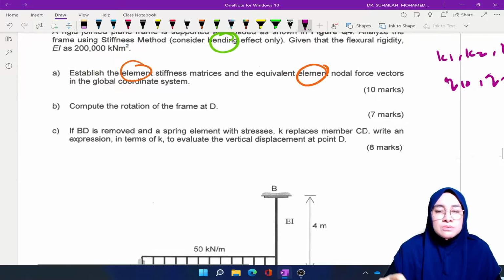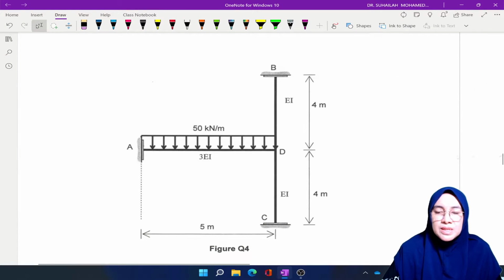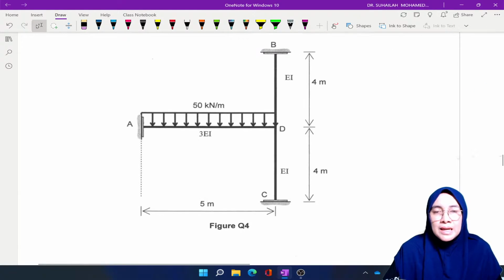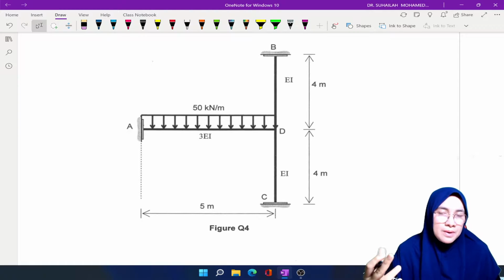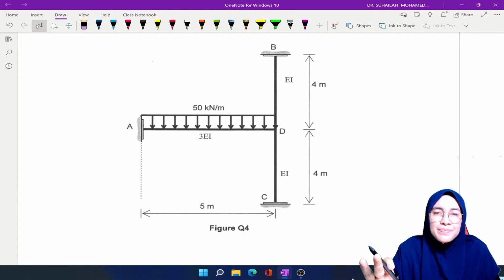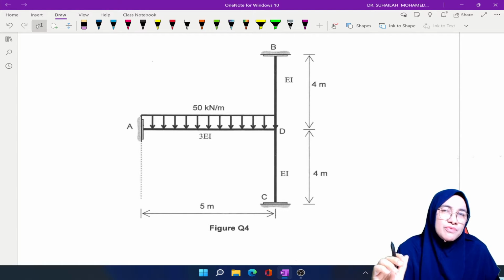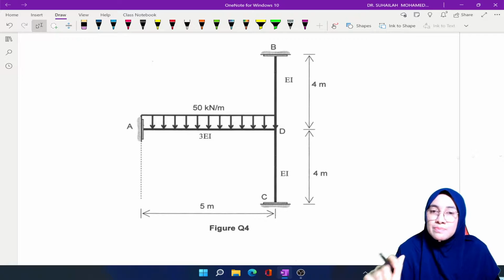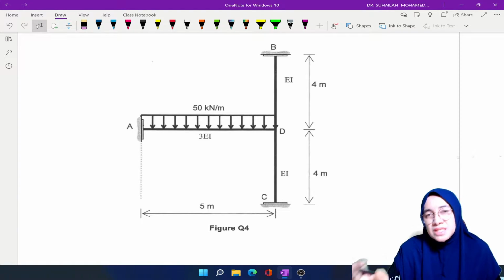Okay, before we start doing this, what I want to show to all of you here is, a frame has actually a combination of truss as well as beam. In real condition, truss got the effect of axial rigidity as well as flexural rigidity.